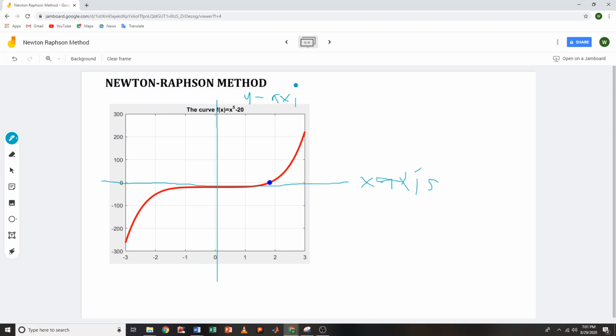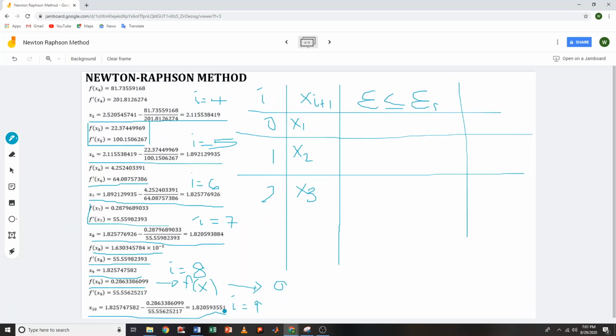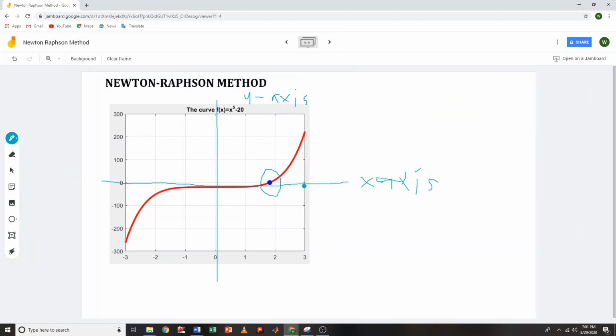Take note that the root we have gotten using the Newton-Raphson method is this one. This is 1.8205. So the value of the root that we have found is 1.8205. As you can see in the graphical approach using MATLAB, this is this value.